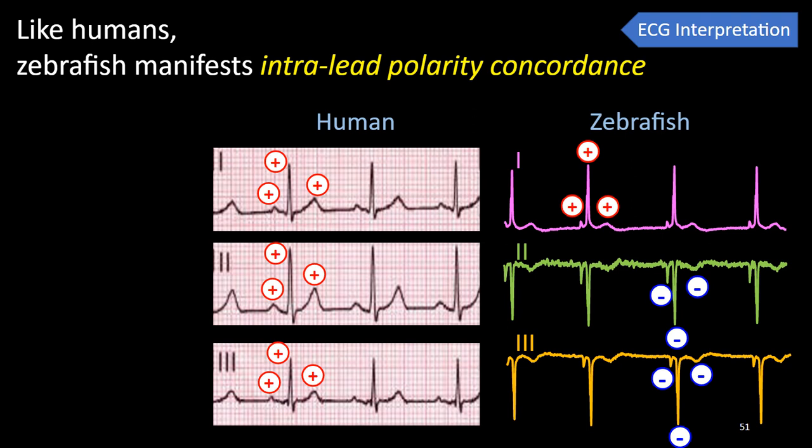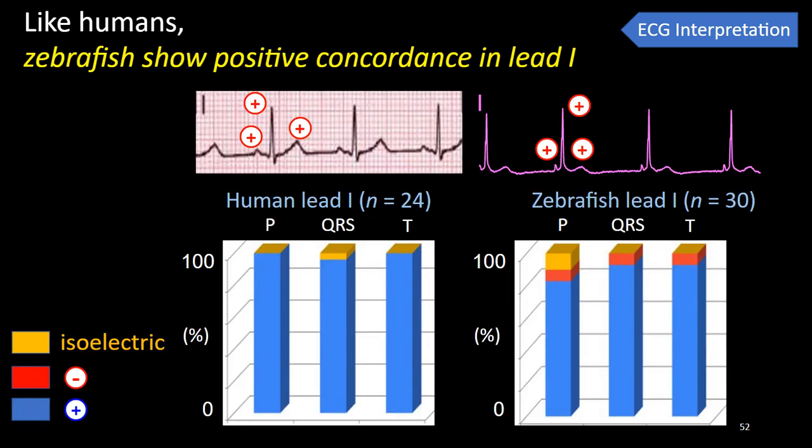Fish P wave and QRS polarities within the same lead align. This indicates that fish atrial and ventricular activation proceed in the same direction as seen in humans. Fish QRS and T wave polarities within the same lead also align. This indicates that fish ventricular activation and repolarization proceed in opposite directions as seen in humans.